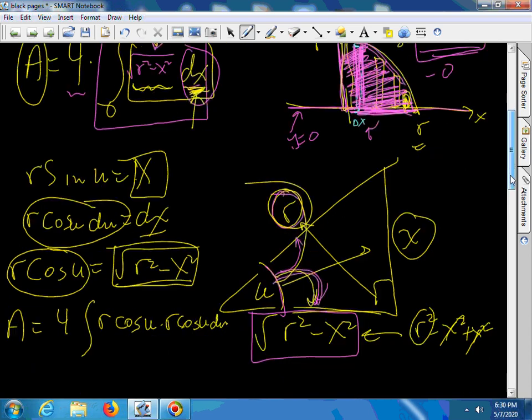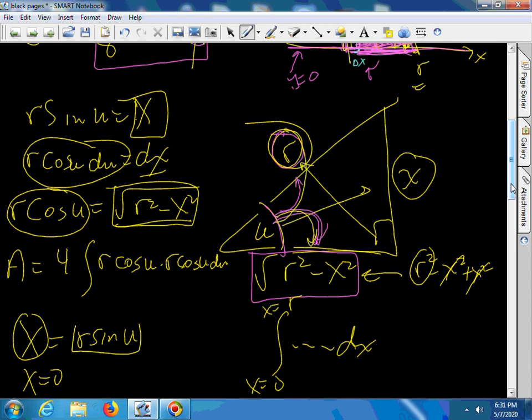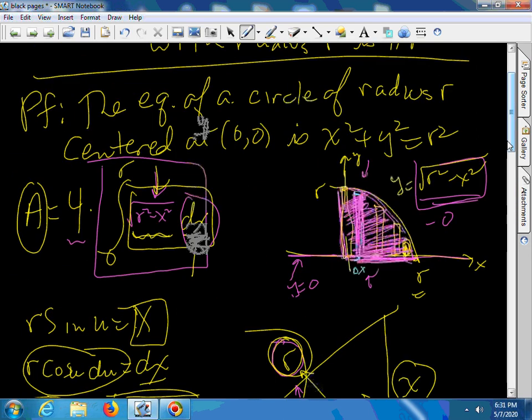Okay, and x is equal to r sine u, and the original limits were 0 to r. That is, x is 0 and x is r. Well, when x is 0, that is, when this is 0, I want that to be 0. And remember, see where our curve is. Remember that our angle is only going between 0 and pi over 2. First quadrant.